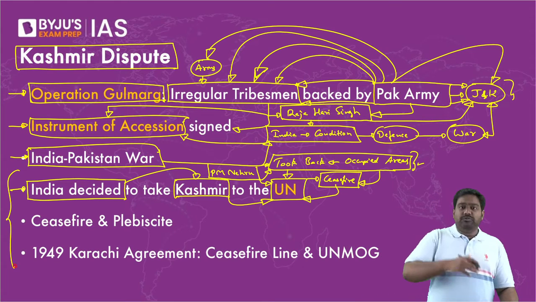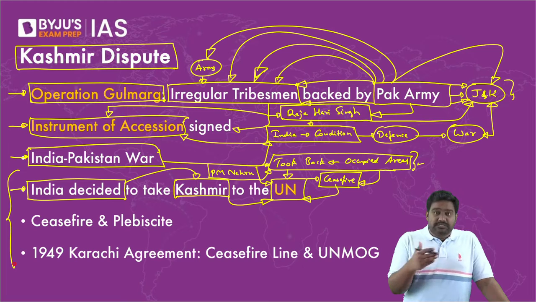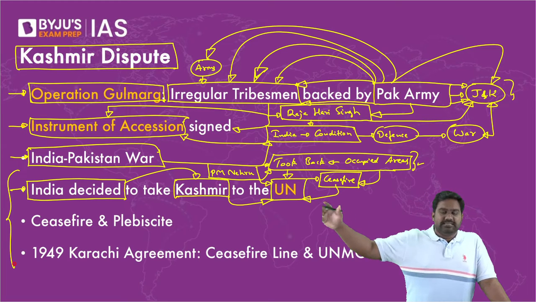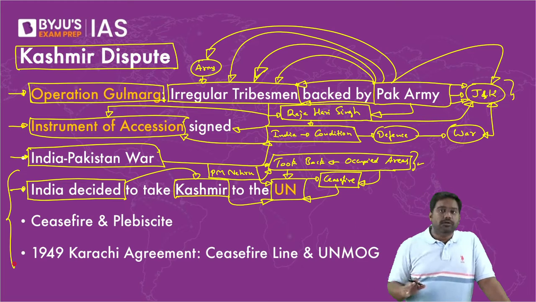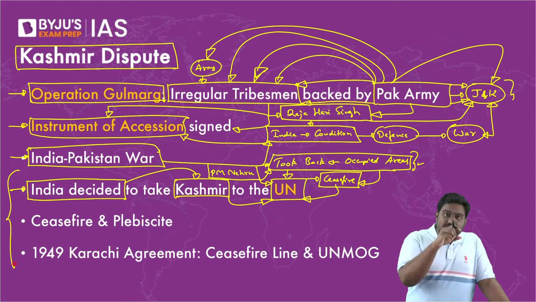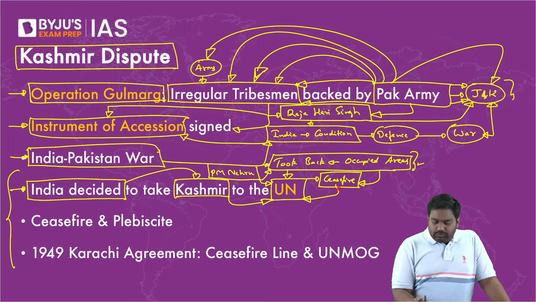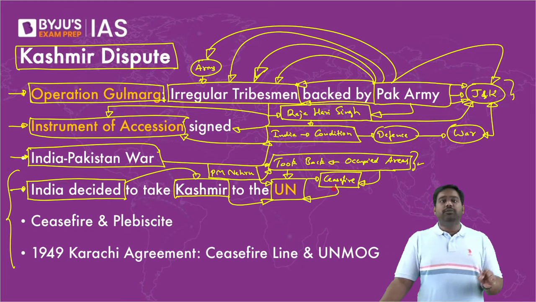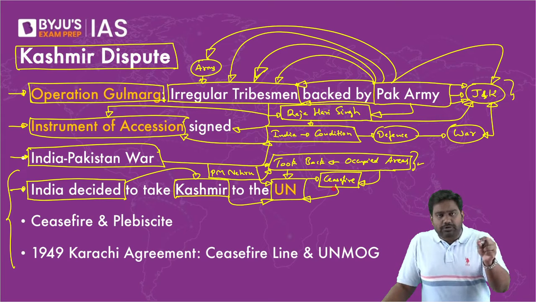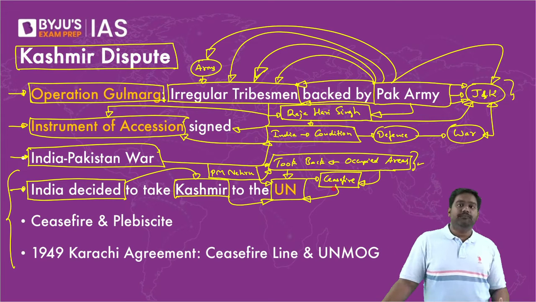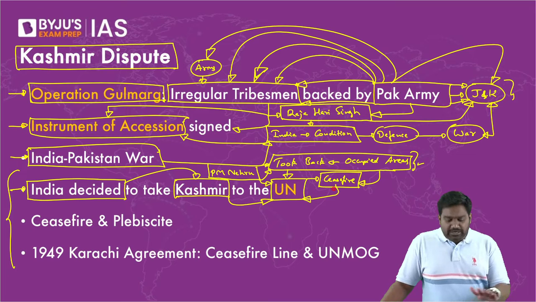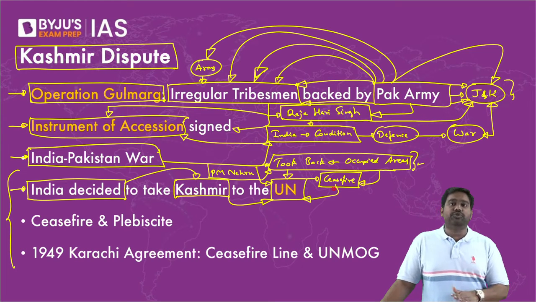But if you look at it from the other angle, understand the circumstances of that era. See, it's easy to look back and point out and say something was right, something was wrong. In that context, in those circumstances, for India, the correct approach appeared to be calling for a ceasefire and taking the matter to the UN. Because as I told you, we didn't want to further drain our limited economic resources.